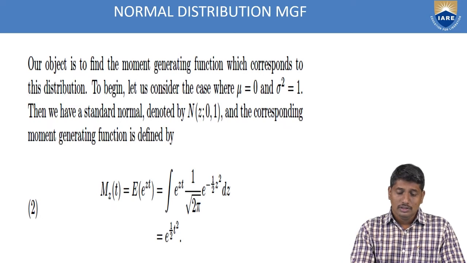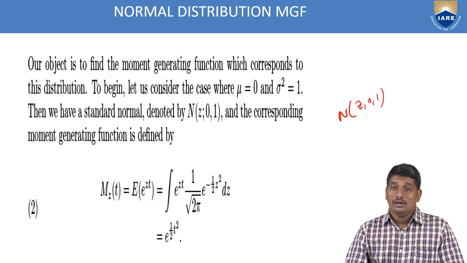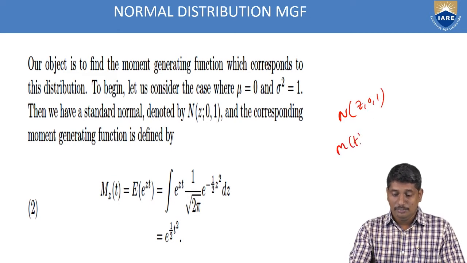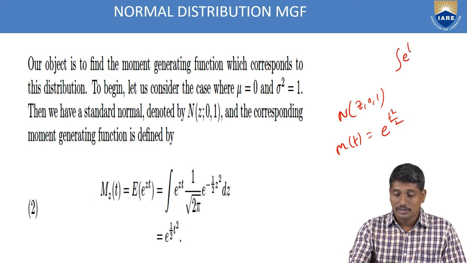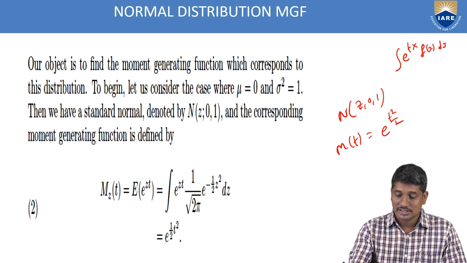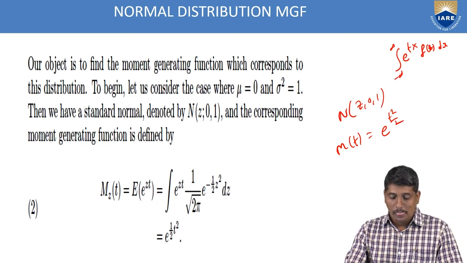So we can understand, for the standard normal distribution 0, 1, the moment generating function will be e power t square by 2, with the help of the definition, integral of e power tx f of x dx, or f of z dz, from minus infinity to infinity. You can integrate and calculate. I'm not going into that detail.